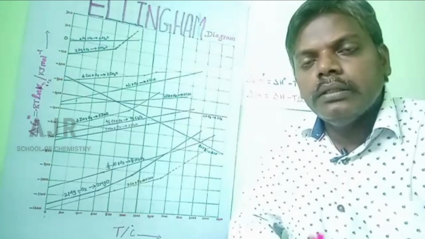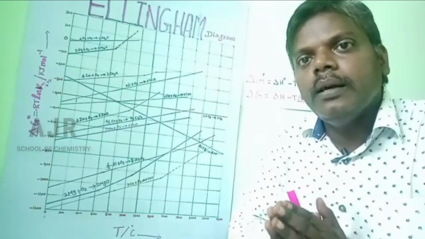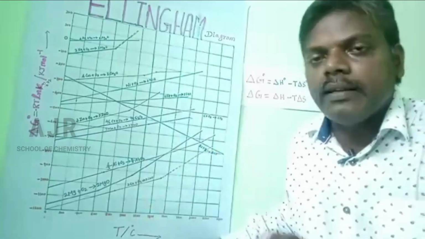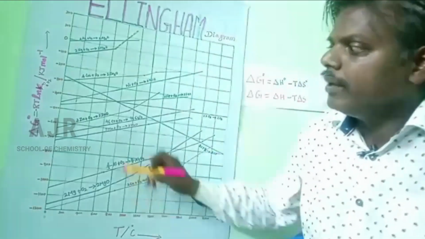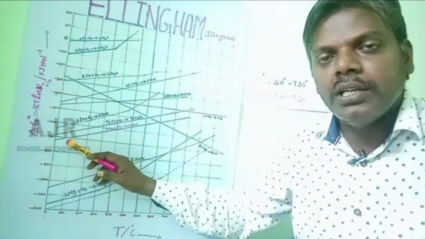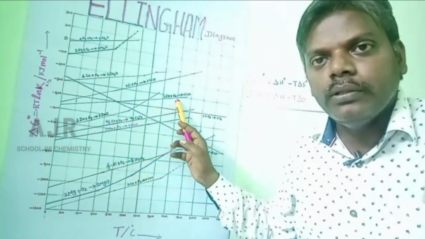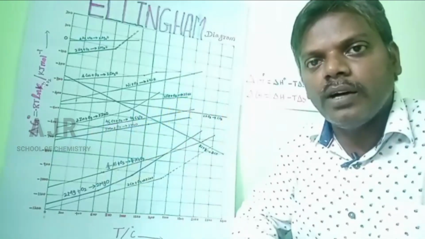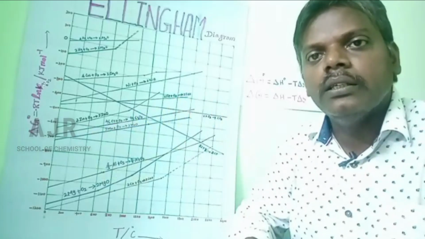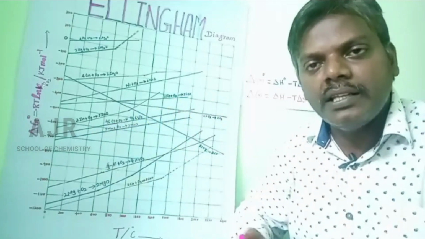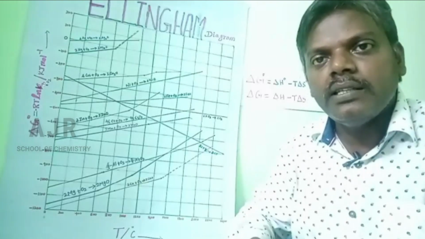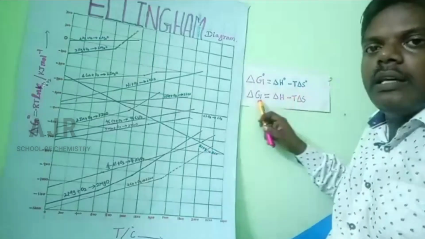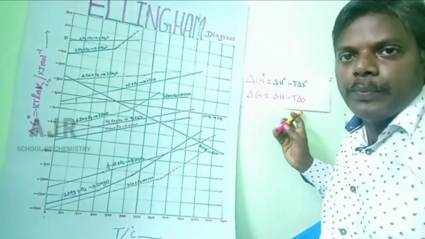So students, in this session we analyzed the observations in the Ellingham diagram. The first observation is, for most metal oxide formation, the slope is positive, and this is because oxygen is consumed for the formation of the metal oxide, which results in a decrease in randomness. If randomness decreases, then the T delta S term in the delta G value becomes positive.